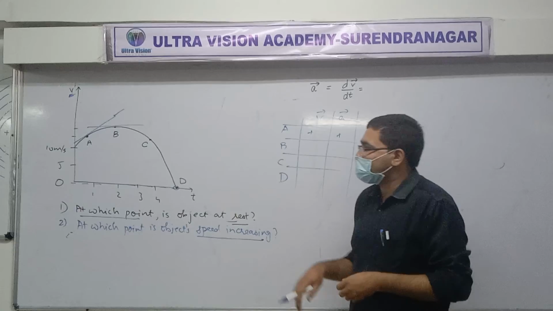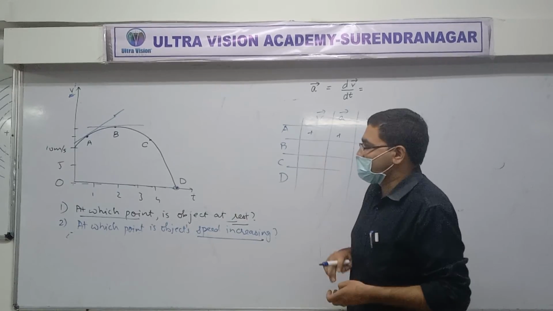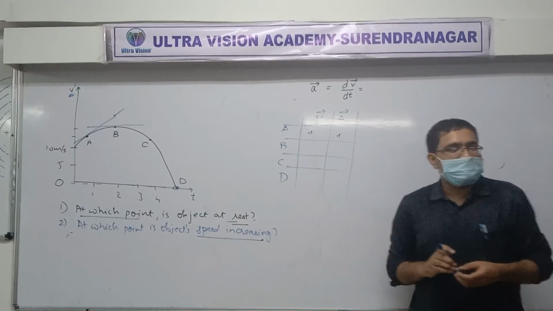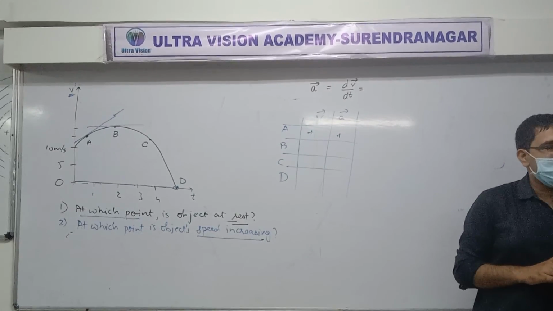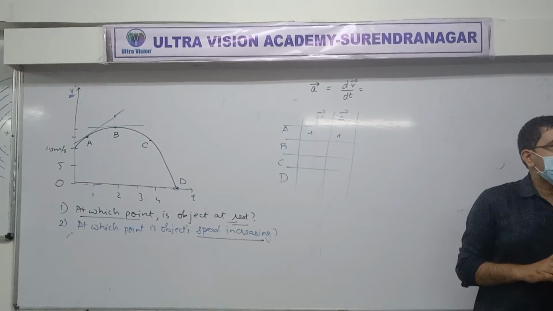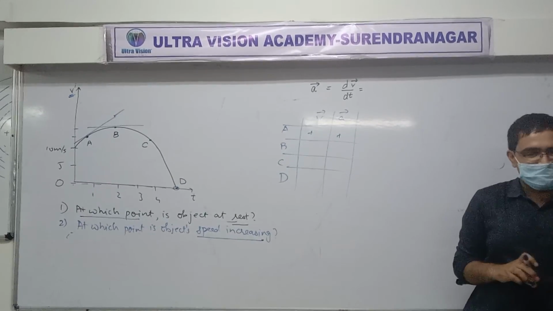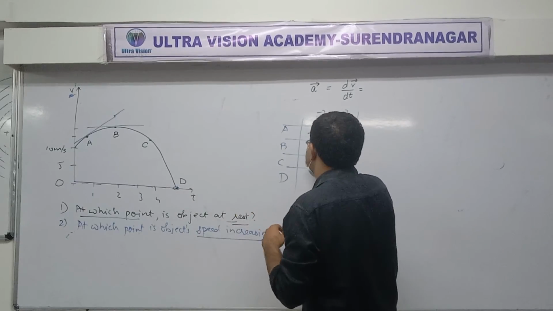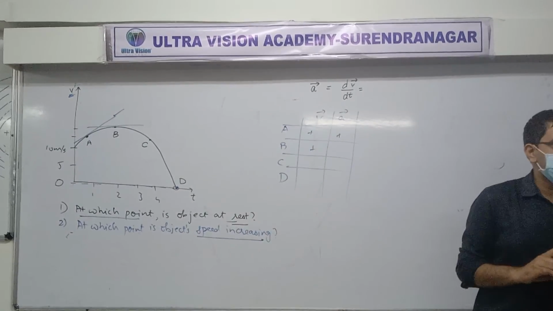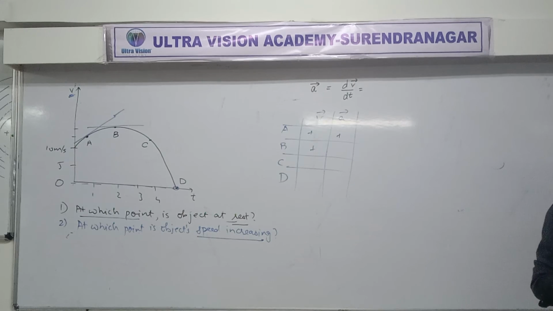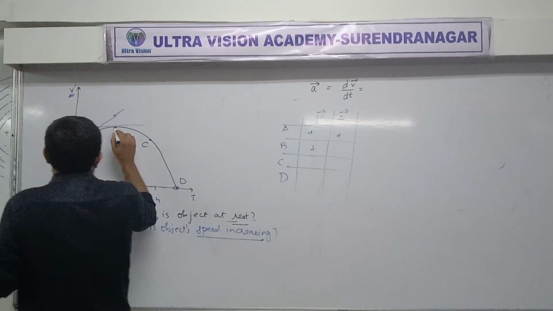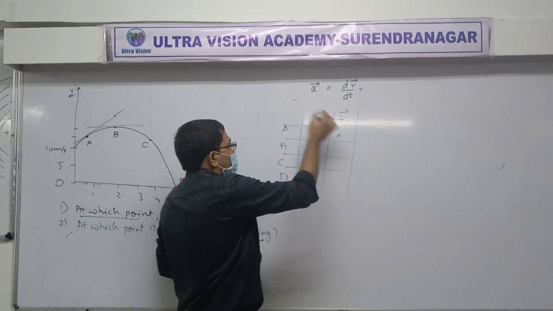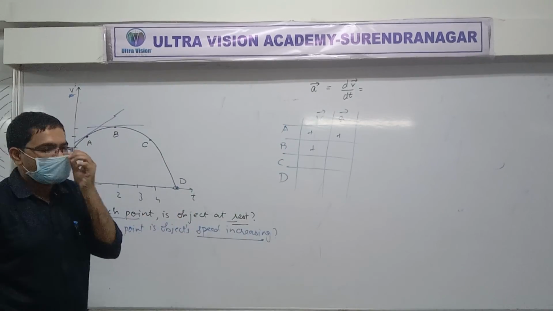Now let's go to B. At B, is velocity positive, negative, or zero? Positive. Is it zero? No, it's not zero. It is positive because it's more than 10. You can see that. Now acceleration? Positive? How do you know? Here, to find acceleration from a VT graph, what do we do?